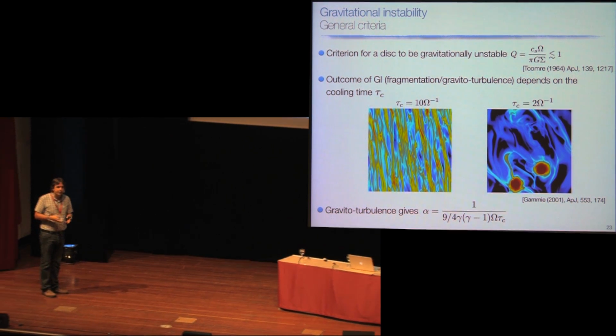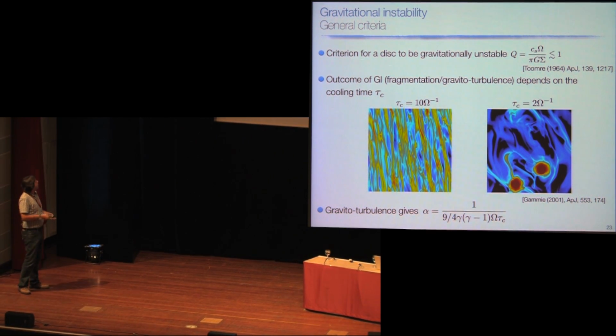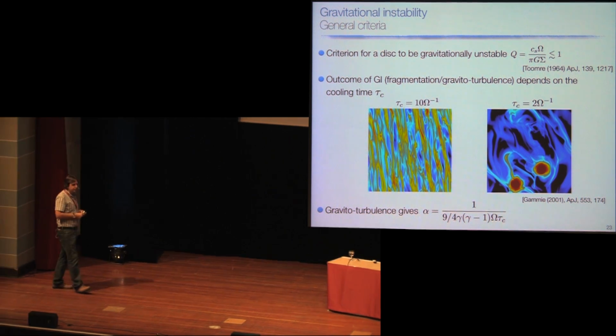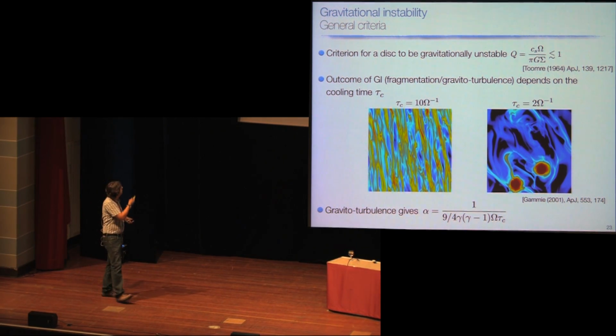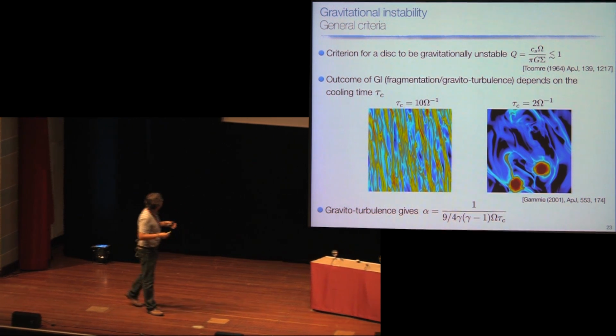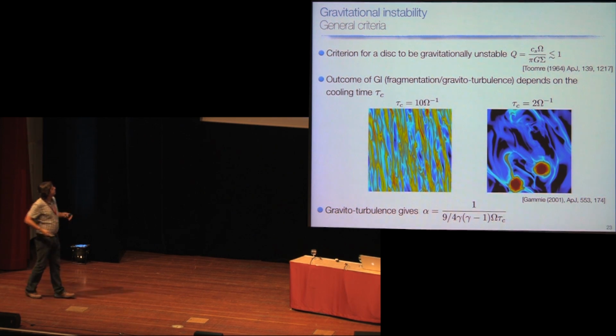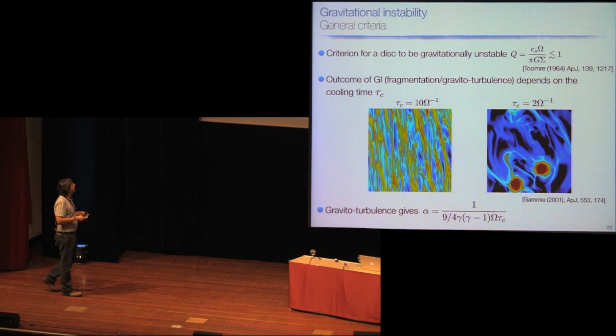Now the question is, what is the outcome of the gravitational instability? Do we get turbulence? Do we get clumps? The outcome depends on the cooling timescale, which is tau c. If you have a large enough cooling time, then you can imagine the following situation. You are slightly unstable, so Q is slightly smaller than 1. The system will become unstable, you're going to create giant spiral arms and shocks, and these shocks are going to heat up the gas.